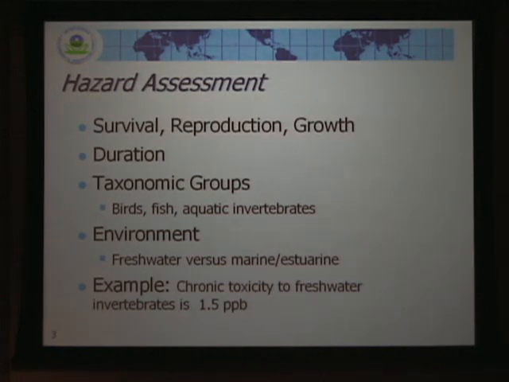So when it all comes together, an endpoint that we might assess for toxicity would be something like chronic toxicity of freshwater invertebrates is 1.5 ppb based on a Daphnia magna study. So these are the kinds of things we end up using in our risk assessments. And for eco-risk, depending upon the compound, we'll have between 8 and 15 of these that we do our risk assessments against.